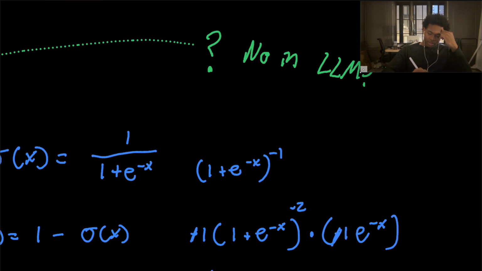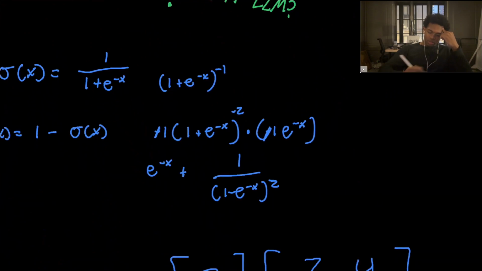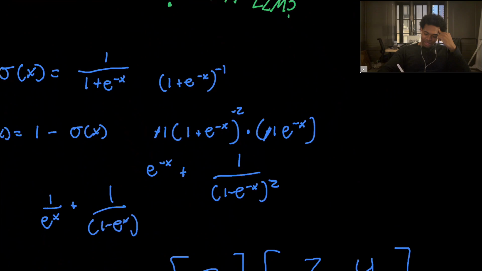Why am I doing this? Plus 1 over 1 minus e to the negative x squared, which is 1 over e to the x. Oh my gosh. 1 minus e to the x squared.